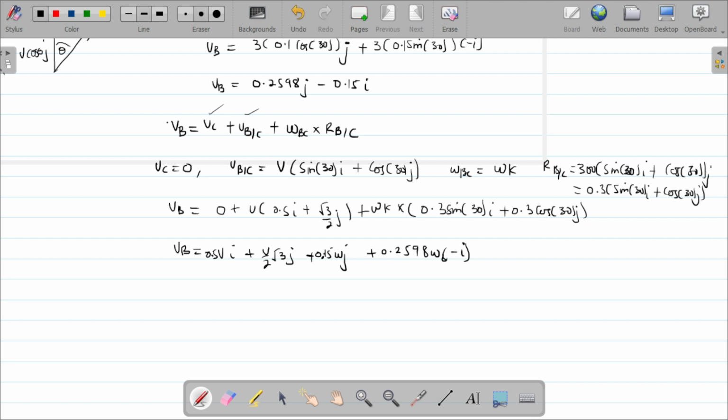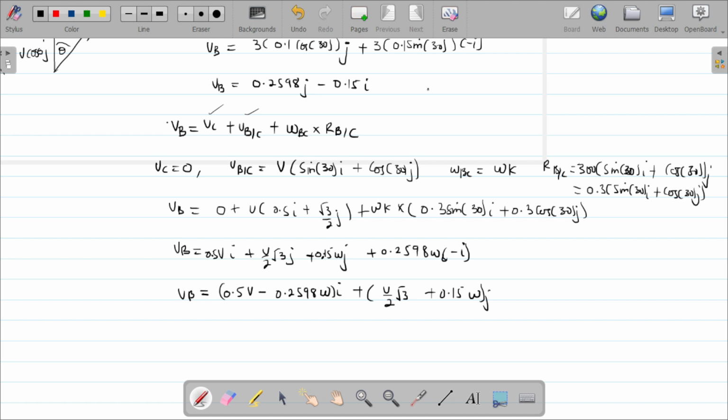So at this point, we'll group the i's and we'll group the j's. So vB is equal to 0.5 v minus 0.2598 omega i, plus v on 2 root 3 plus 0.15 omega j.